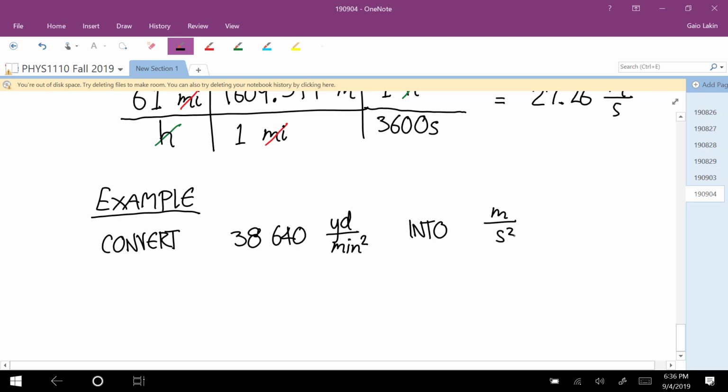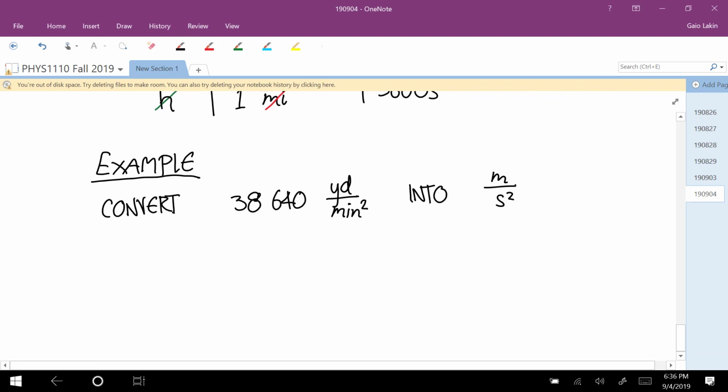And what we want to use this time, I'm going to show two things with this one. So let's say that we don't happen to know, that's not really a thing anymore because you have your phone, but let's say that you know that there are 3 feet in a yard.